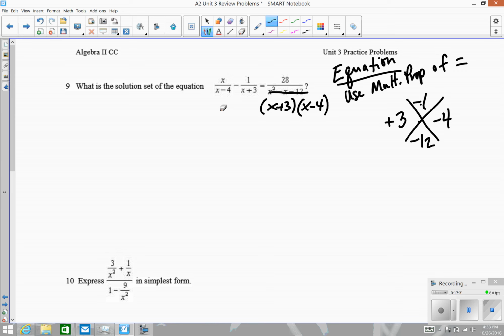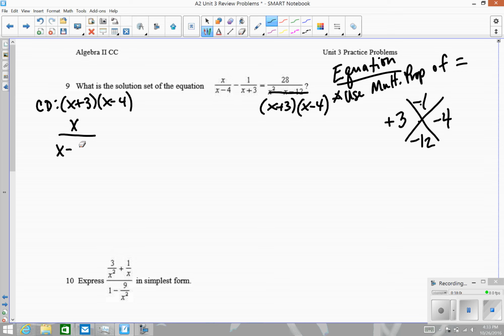So I'm going to use this multiplication property of equality. I'm going to multiply every term by my common denominator, which is in factored form x plus 3 times x minus 4. So what I'm going to do is rewrite my equation.